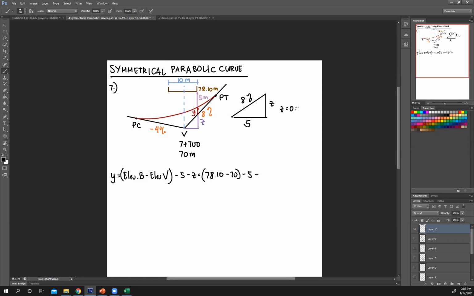And then you have an 8% grade. So z is just 0.08 times 5, since 8% equals z over run 5. So minus 0.08 times 5. What's the answer?